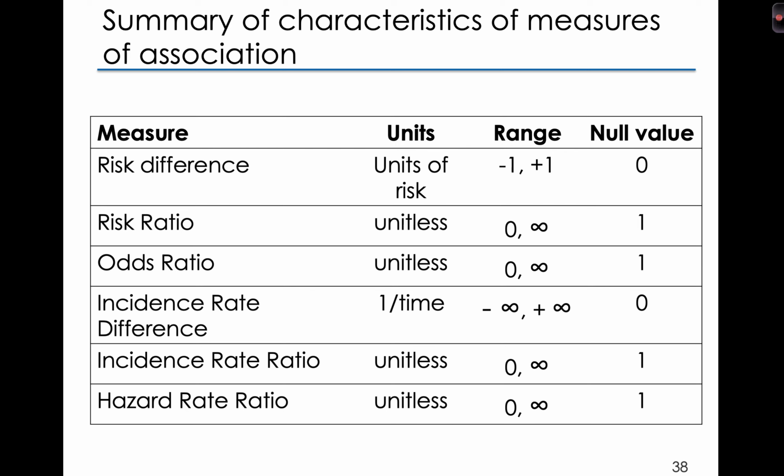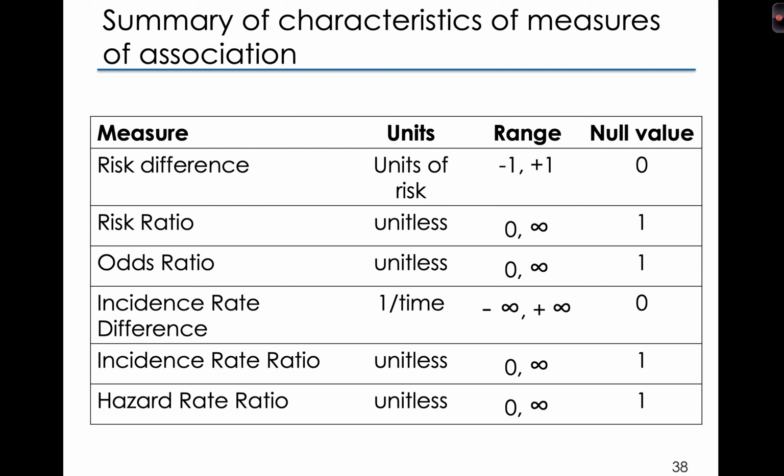An incident rate difference. So recalling from the module on measuring disease frequency, a rate has time in the denominator, or reciprocal time, as I like to say, or some kind of numerator per unit time. And so the range of differences when you subtract those two things can be anything really, negative infinity to positive infinity.